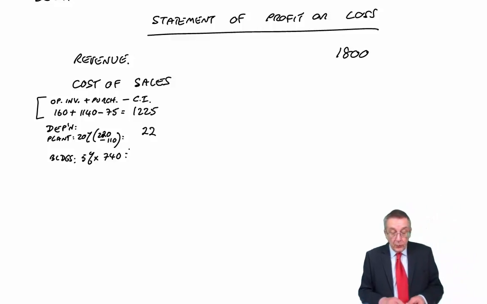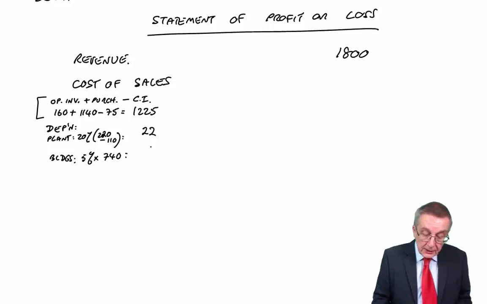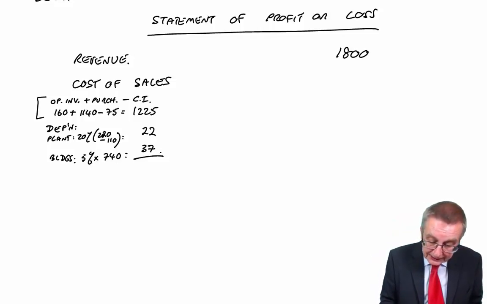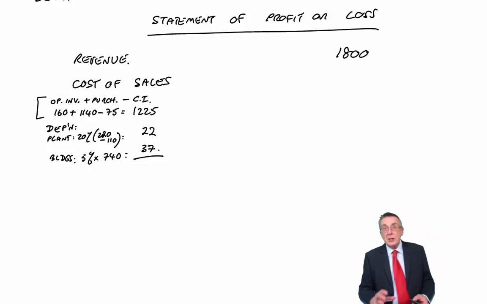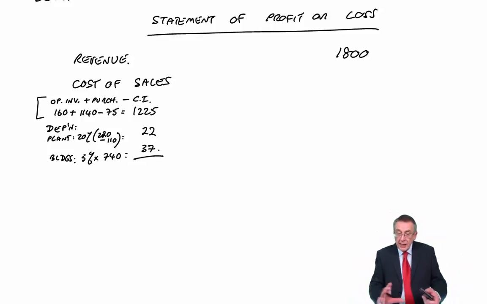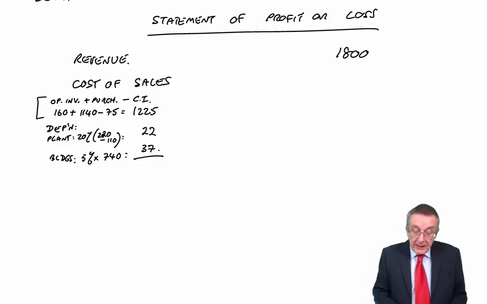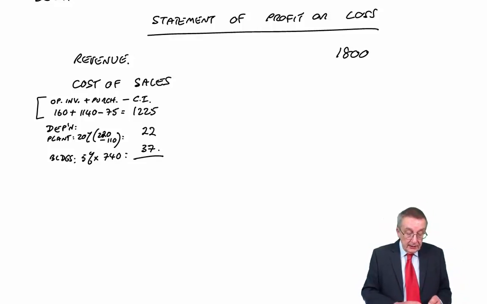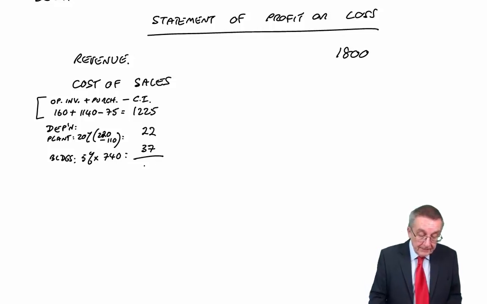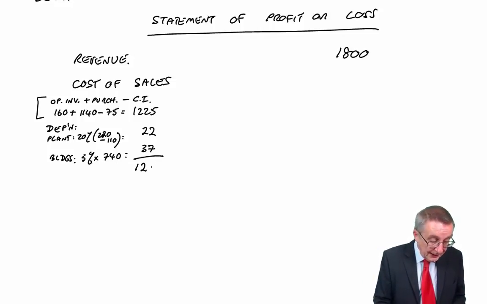And therefore, this year's depreciation, 37. Now, this would have been better shown as separate workings, but I've told you why I'm doing it here, and I hope you're following me. But it means the total cost of sales, 1225, 22, 37, is 1284.